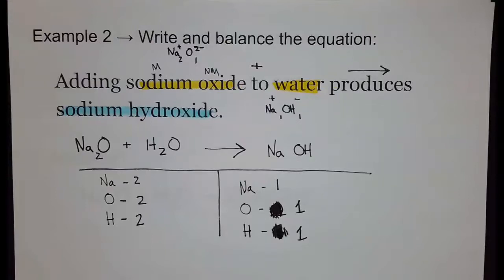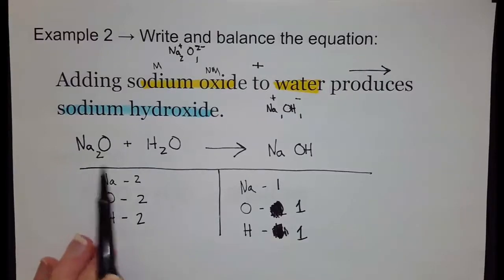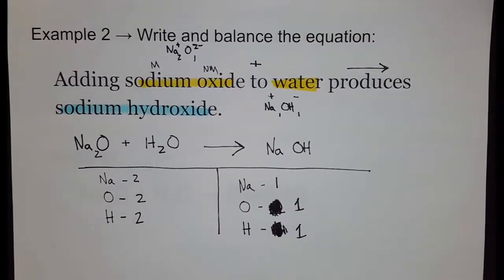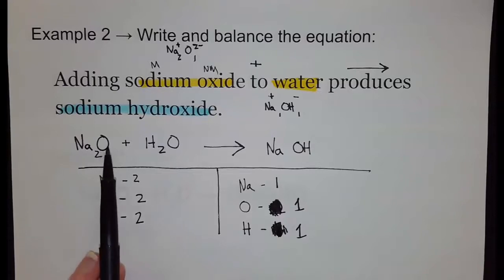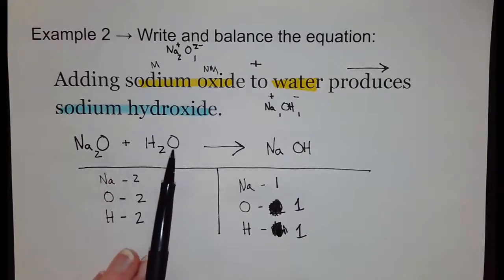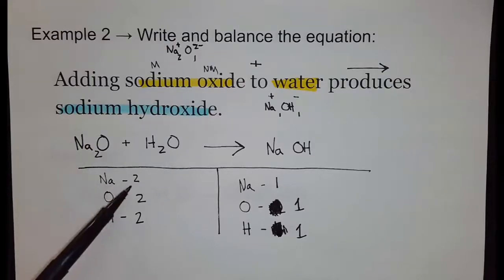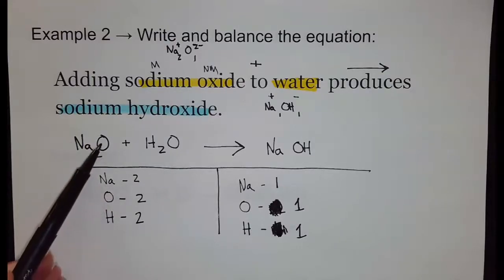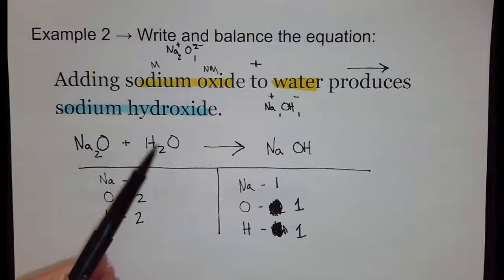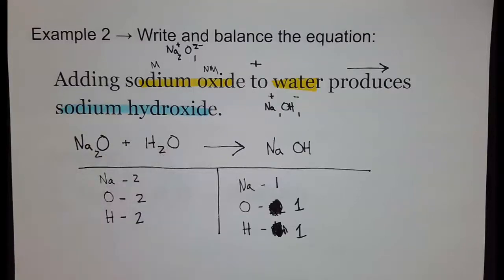So once we finish deciding the reactants and the products and writing their formulas according to the rules of bonding, we need to balance. I just wanted to show you this. This sometimes confuses students, having an element in more than one compound. So on the reactant side, we have 2 sodiums, 2 oxygens, one in the sodium oxide and one in the water, and then 2 hydrogens.